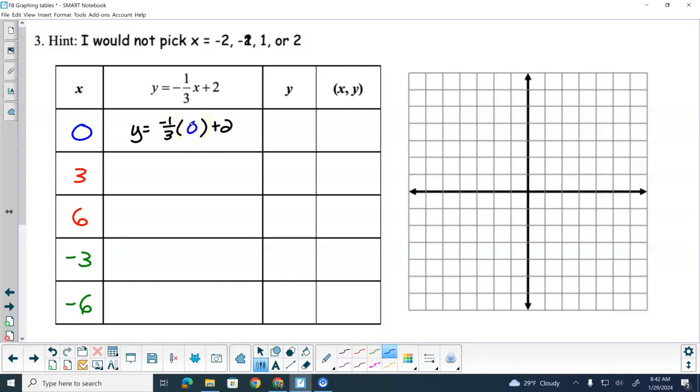We have y equals -1/3 times 0 plus 2. Anything times 0 is 0 plus 2 would be 2. This is going to be at point 0, 2.